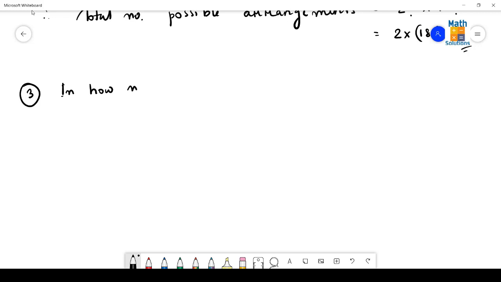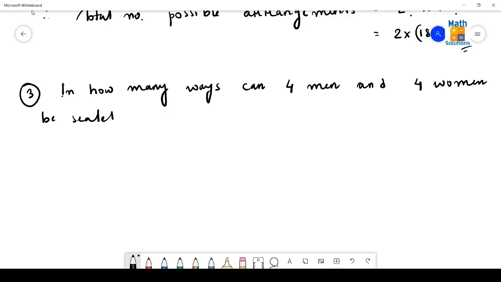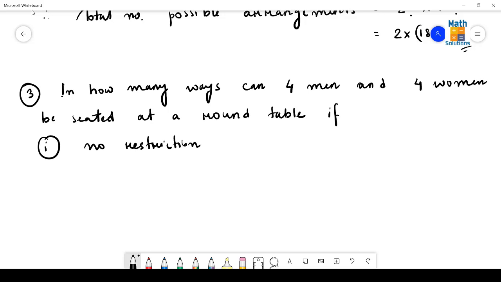In how many ways can 4 men and 4 women be seated at a round table if, the first question, no restriction is imposed.